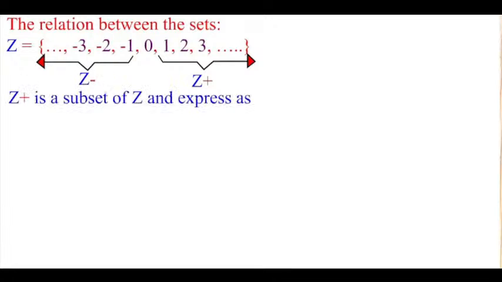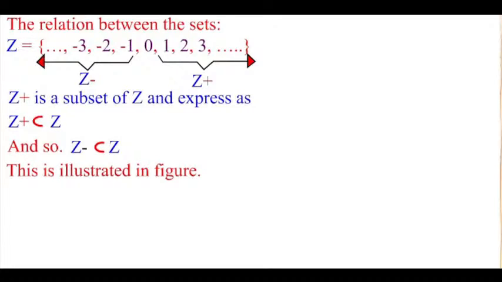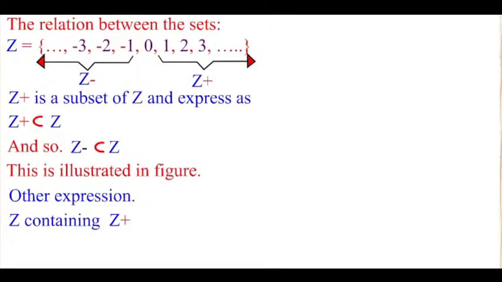Z positive is a subset of Z, expressed as Z positive subset of Z, and so Z negative is a subset of Z. This is illustrated in the figure. In other words, we can say Z contains Z positive.